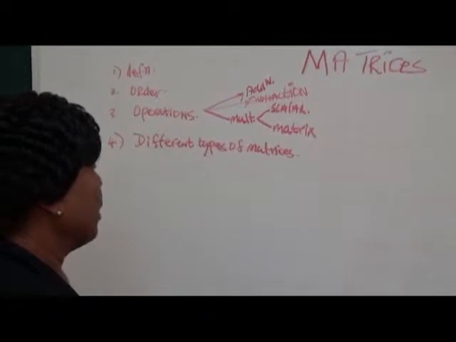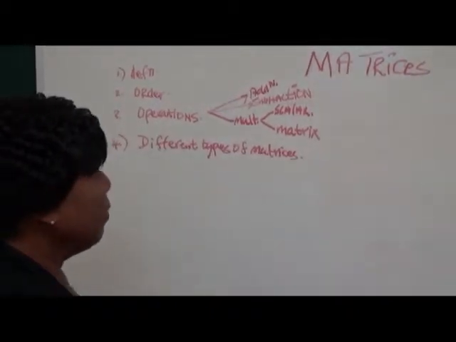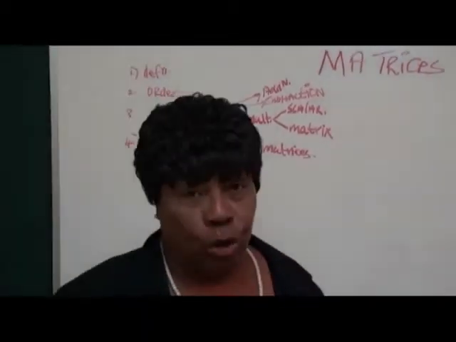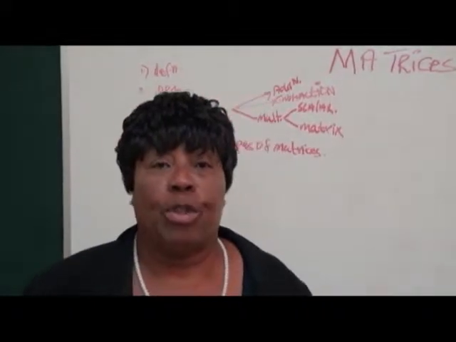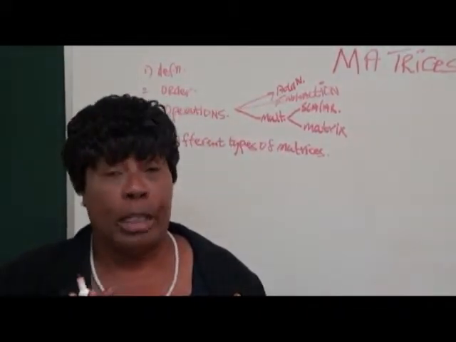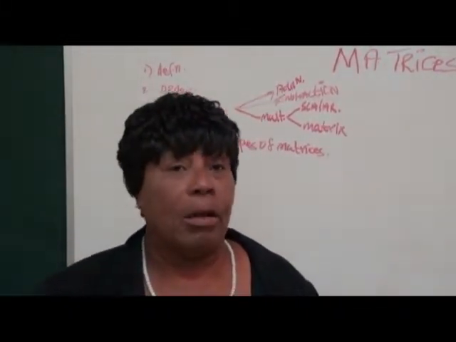Or everything inside the bracket is multiplied by the number or the letter outside. And the letter or number outside is what we're calling the scalar. And then we have a special type of multiplication, which is unique only to our matrix topic.